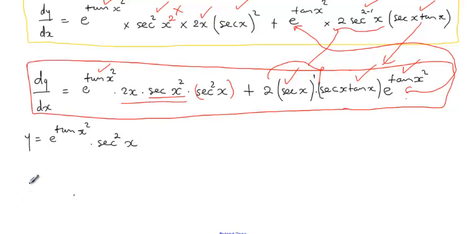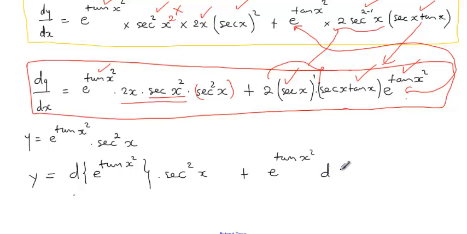So differentiating, applying the power rule and the product rule, you might not write it this way, but our first step would be d of e^(tan x squared) multiplied by sec squared x, plus e^(tan x squared) times d of sec squared x.